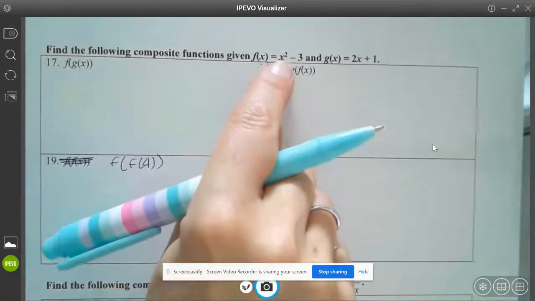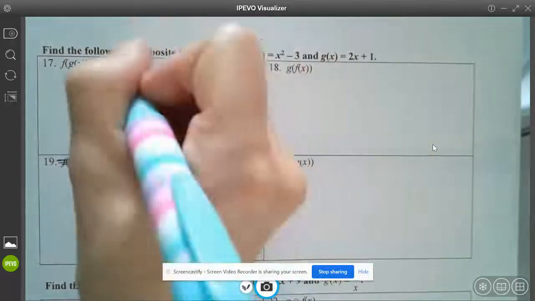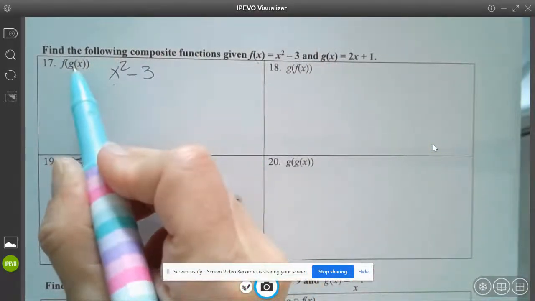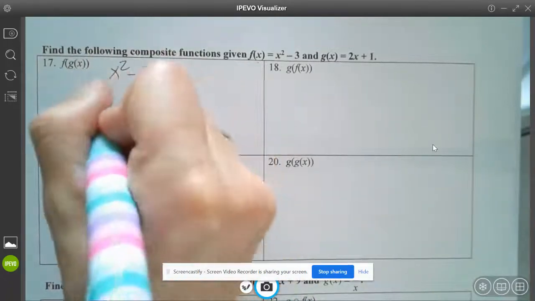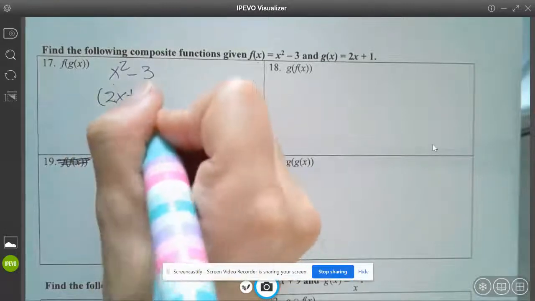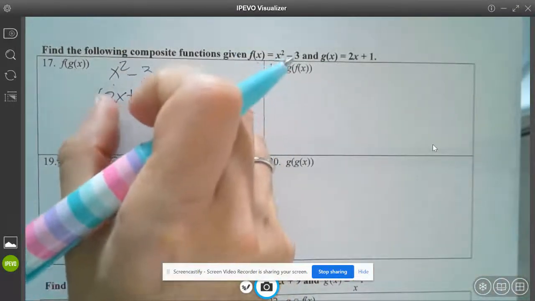My parent one is f of x, so that's my main function: x squared minus 3. And then wherever I see an x, I'm going to put g. So let's do that. So 2x plus 1 squared minus 3. And the way I solve this, well, it's this function twice, right?